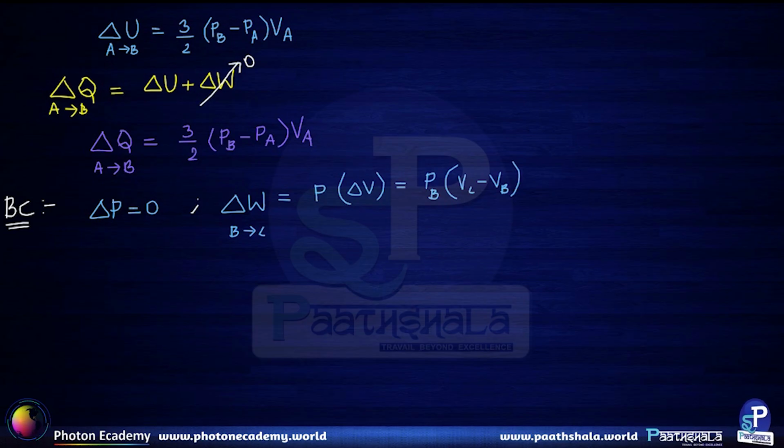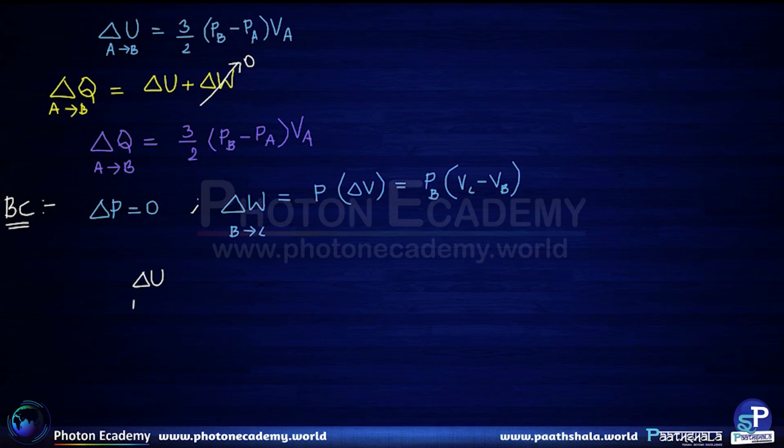So delta U in going from B to C is n Cv delta T, and that can be written as 3/2 R times delta T, where delta T is TC minus TB.